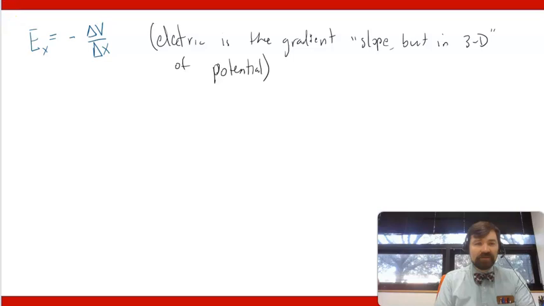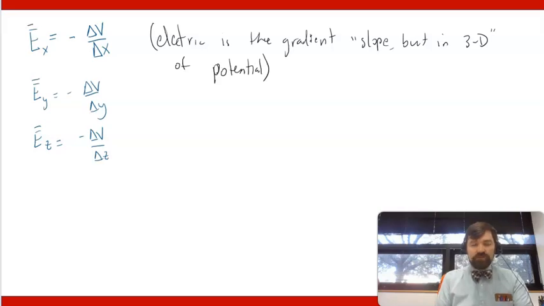So this right here is E sub X, E sub Y would be negative delta V over delta Y, and E sub Z is negative delta V over delta Z. These are all actually average field strengths. As long as you have a uniform electric field, then the average will be equal to the value of the field anywhere in space.